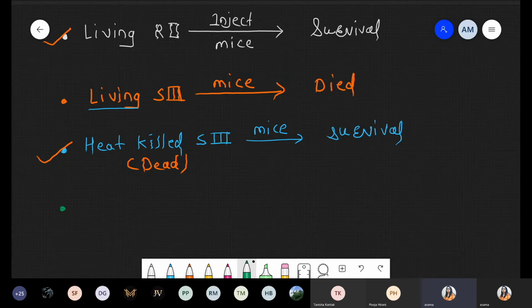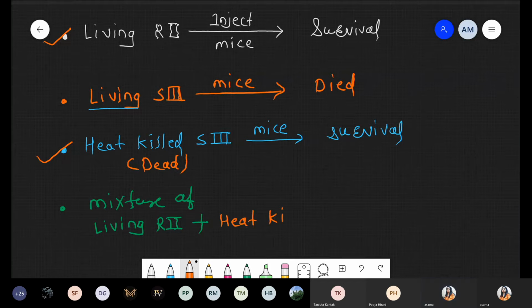He used a mixture of living R2 strain, whose individual result is that the mouse survives, and heat-killed S3 strain, whose individual result is the same here also.